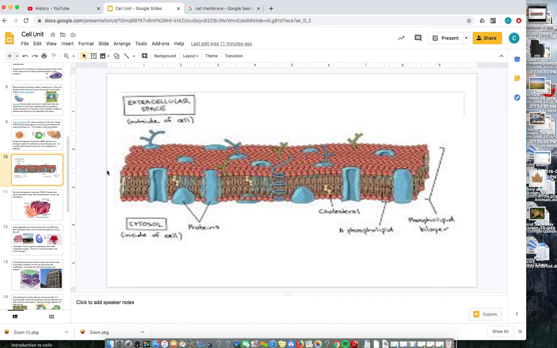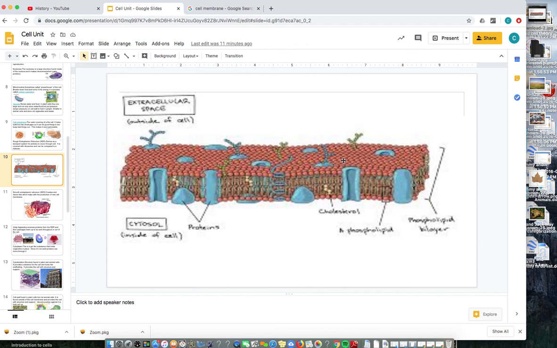Let's go back to the cell membrane again. Take a look at these little structures that I'm running my cursor over. Those are little locks. And if something has the correct key, it can get inside of the cell. I mentioned one of the jobs of the cell membrane is to keep bad things out like viruses.